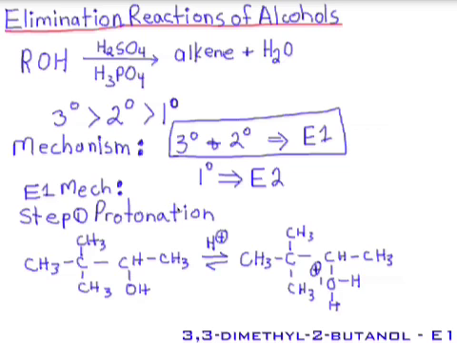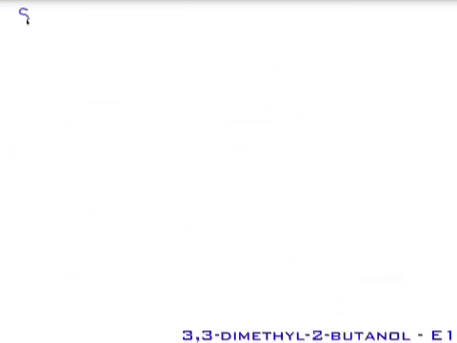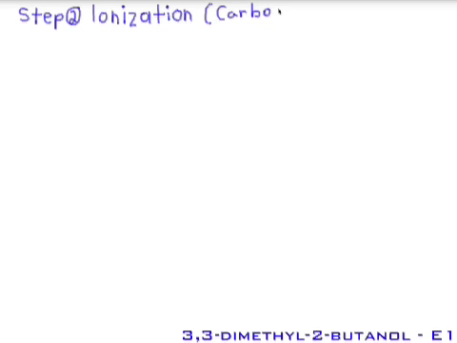Okay. Step 2 is ionization. And ionization is sometimes referred to as carbocation formation.